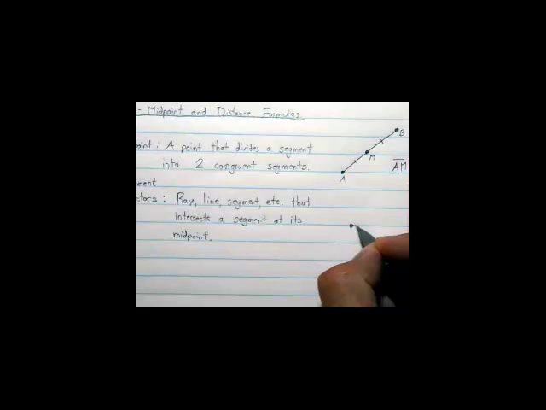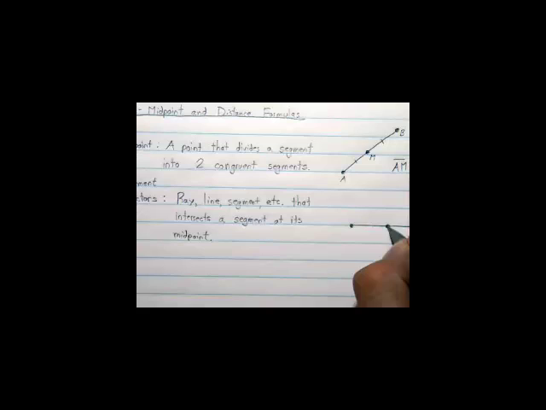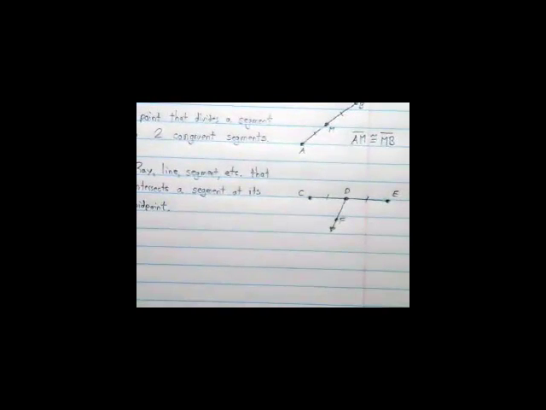So if I've got a segment here, I'll put a ray on it here. So let's say C, D, E, F, and those are congruent. Okay, so first of all, in that picture, identify for me the midpoint. Where's the midpoint? Yeah, D. Okay, so if D is the midpoint, where's the bisector?